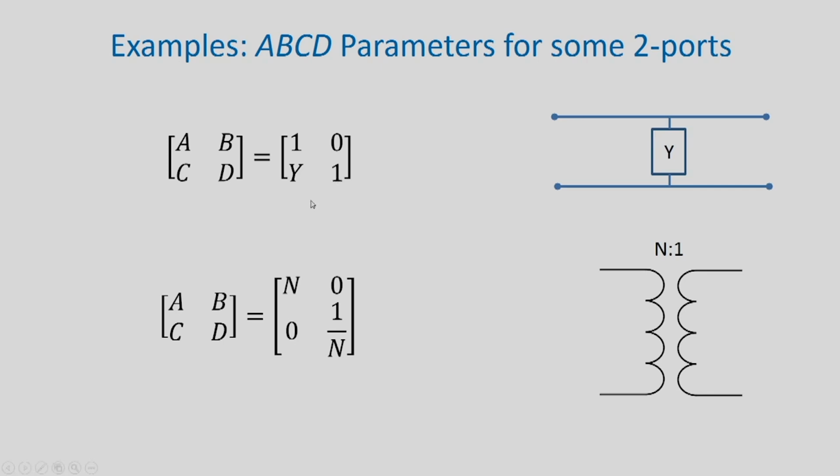Similarly, if we have a transformer in the circuit with turns ratio n is to 1, for this we can find the ABCD parameters to be n 0 0 1 by n. So, this can be derived once again considering the fundamental relation between the port voltages and currents with the ABCD parameters.